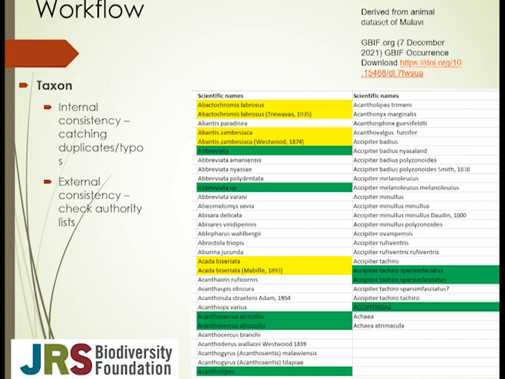I tried to find out the different problems with respect to the taxon. What I can consider as internal consistency is here in green, and the external consistency is in yellow.